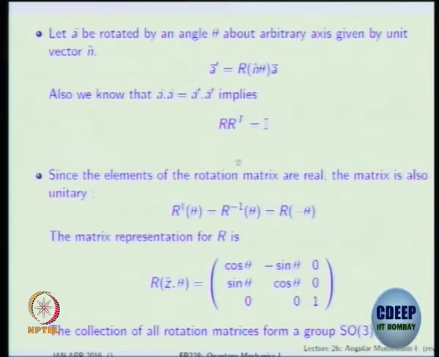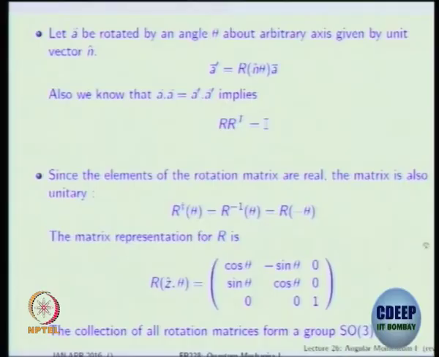So the set of matrices, and we also have one more condition. What is the determinant of this R matrix? 1. The determinant of this matrix is 1. So for this collection of matrices, for every matrix you also have an inverse matrix. You just have to change the sense of rotation, theta to minus theta. So this set, which is a collection of all these R matrices and which includes the inverse and the product of two R matrices, again an R matrix which satisfies this property, is symbolically denoted as a group.